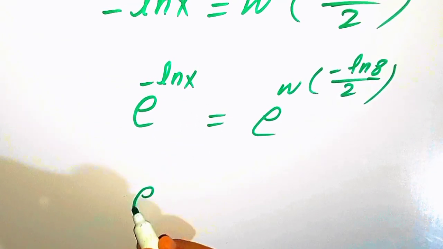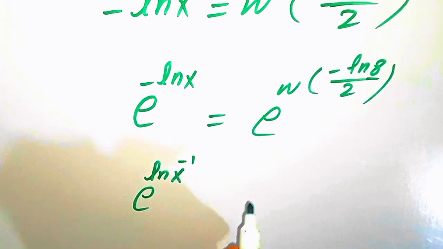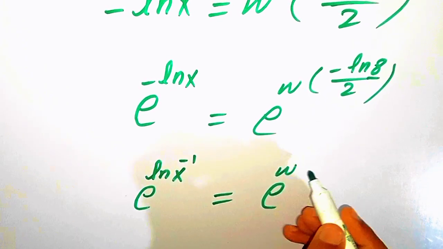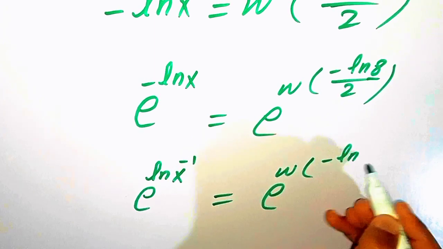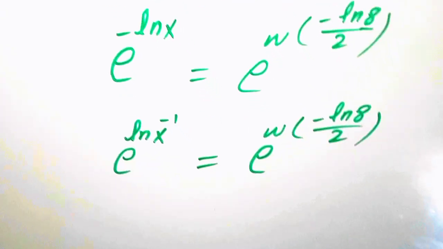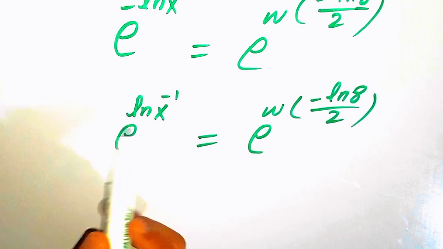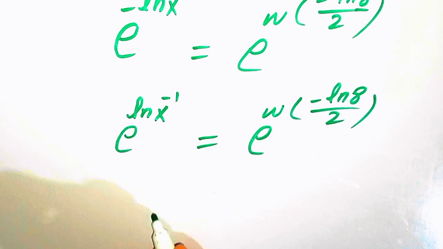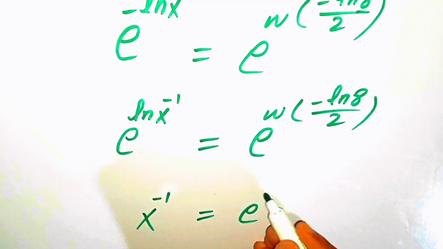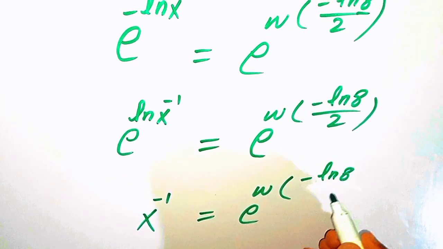So on the left side we have ln of x^-1 equal to, and on the right side the same, e^W(-ln 8 / 2). On the left side, e is cut out with ln and we only have x^-1, and on the right side the same, e power W of minus ln of 8 divided by 2.